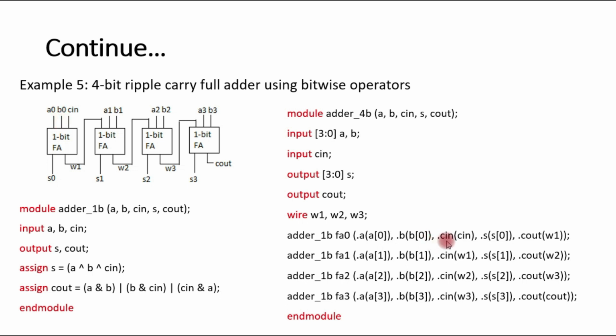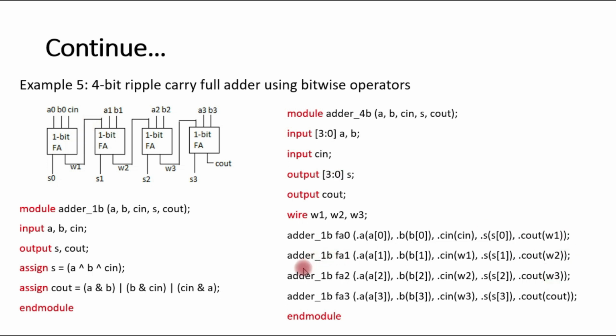Similarly .Cin, here this Cin is for the 1-bit full adder circuit, and it is exactly matched with the final 4-bit carry input signal. So Cin is Cin. .S, here .S is mapped with S[0] in the 4-bit ripple carry adder. .Cout, here .Cout is the intermediate terminal, that is W1.